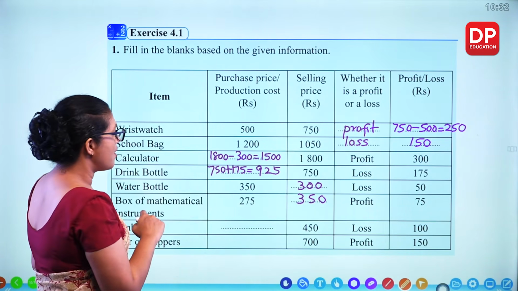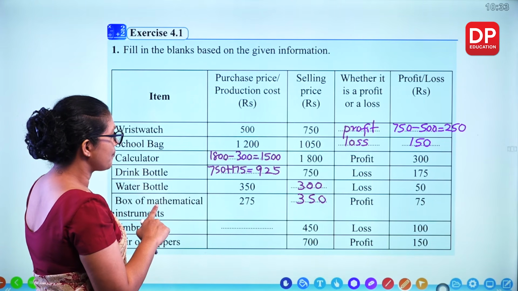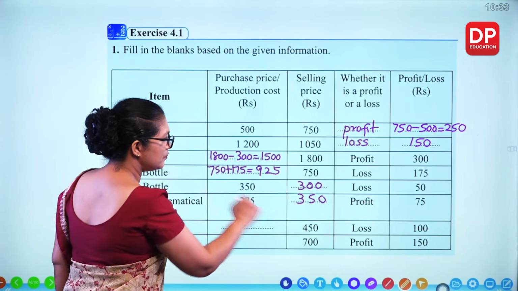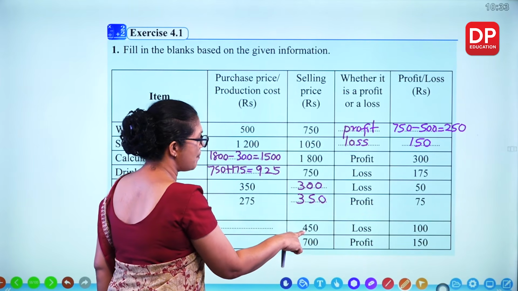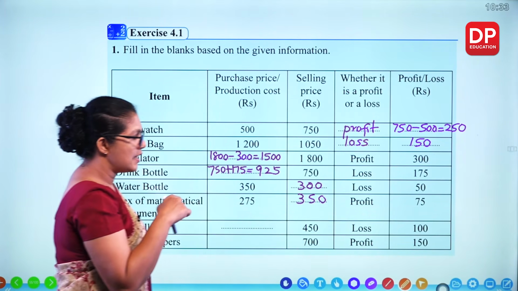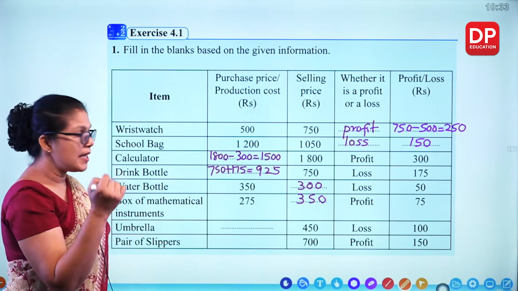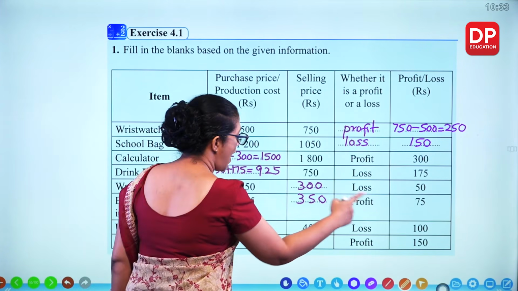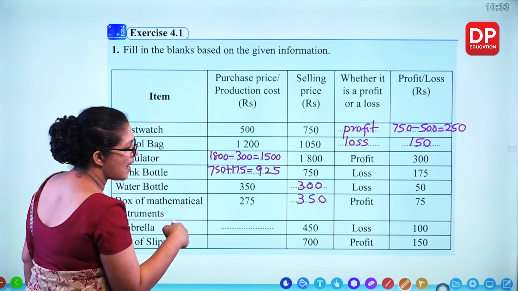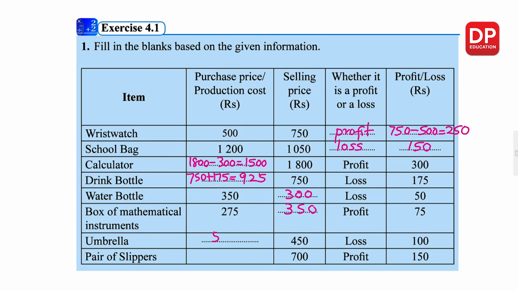So 350. This one, loss of 100 and the selling price is 450. So that means the buying price is more than the selling price. So you add it. 450 plus 100, 550.